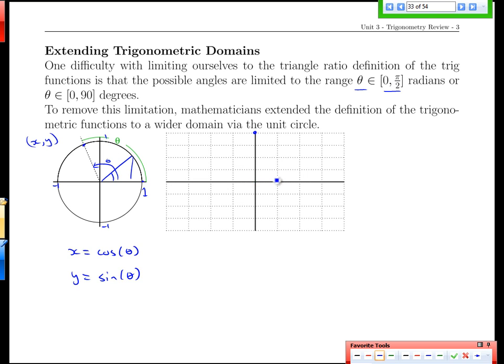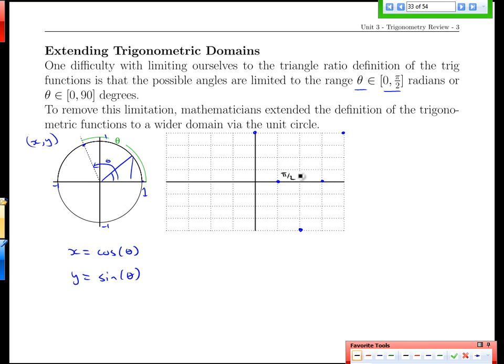So after a quarter cycle, an angle of pi over 2, we would have an x-coordinate of 0. After another pi over 2, we would have an x-coordinate of -1. And after another pi over 2, we'd have an x-coordinate of 0, and then we go back to 1.